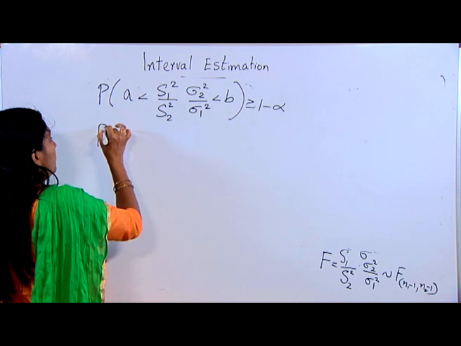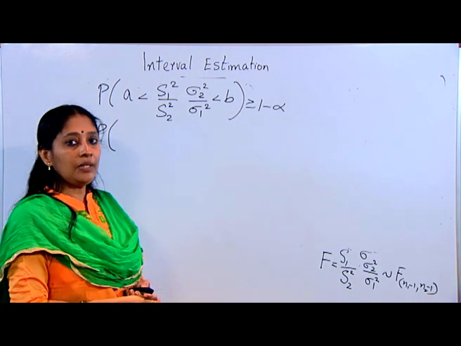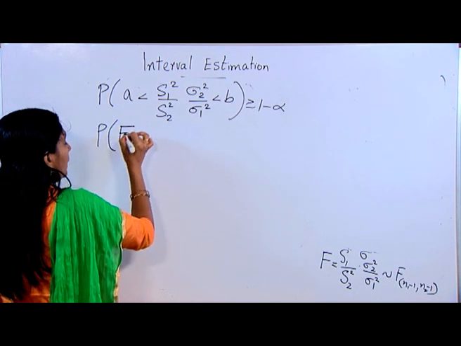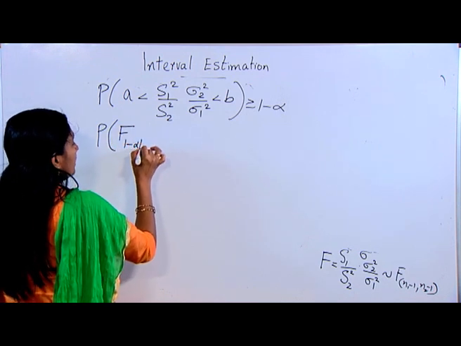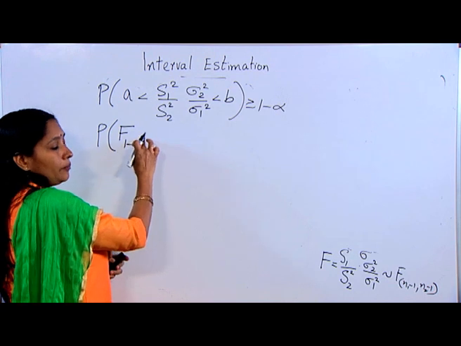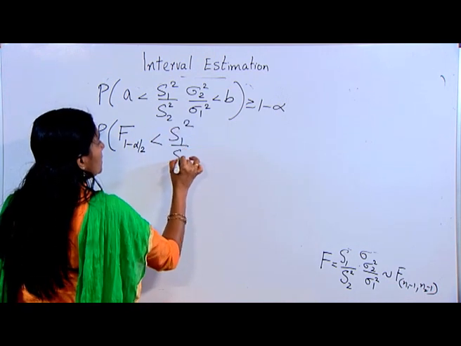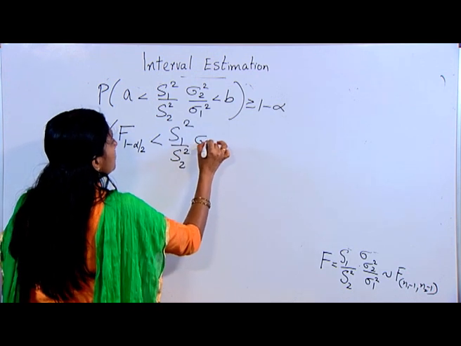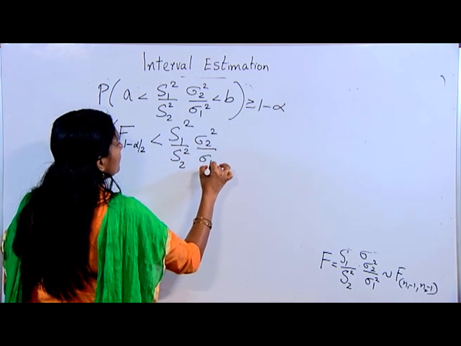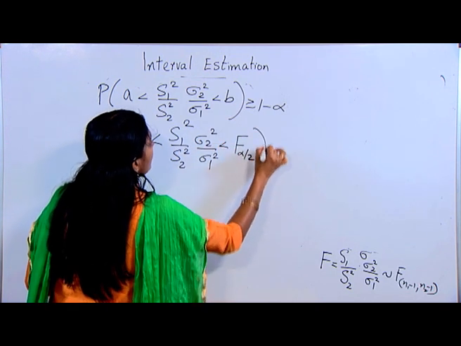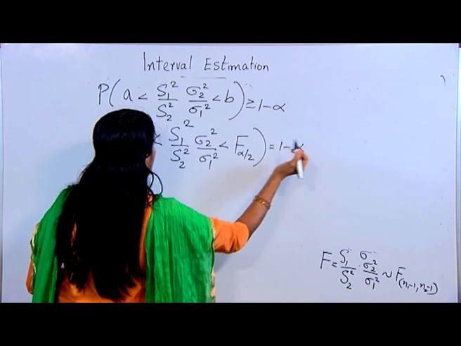When you look at the table for F distribution, you will get the value of a as F 1 minus alpha by 2, with degrees of freedom n1 minus 1, n2 minus 1, less than s1 square by s2 square sigma 2 square by sigma 1 square less than F alpha by 2 is equal to 1 minus alpha.